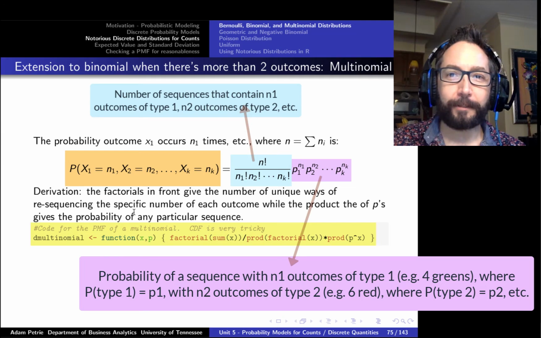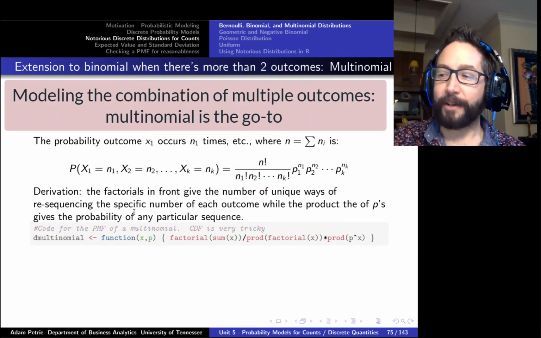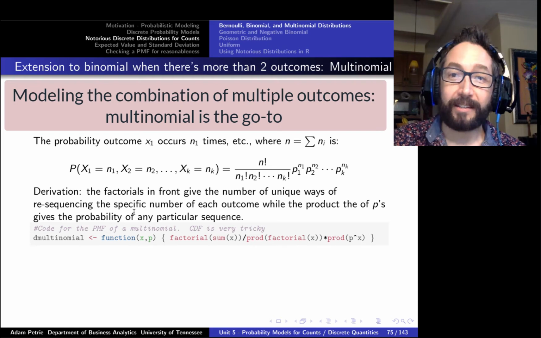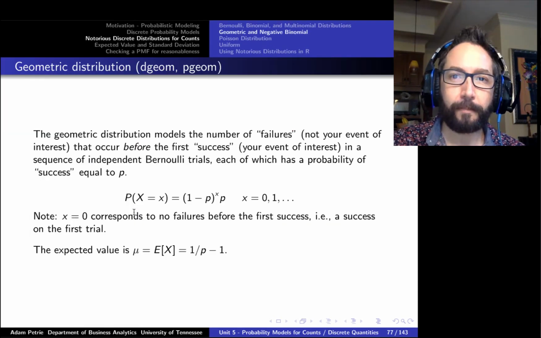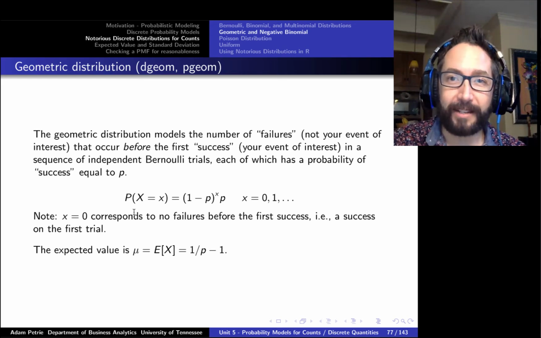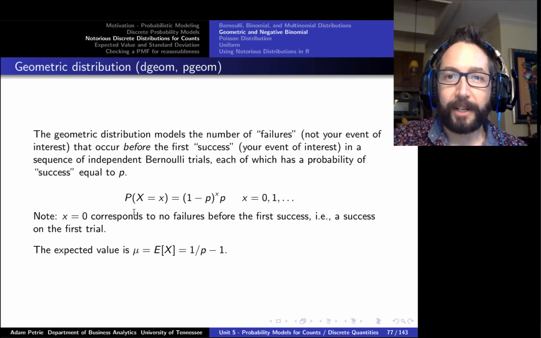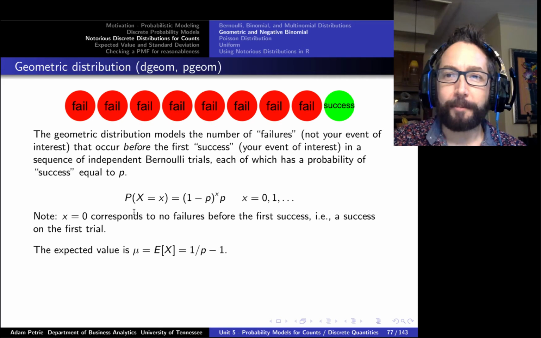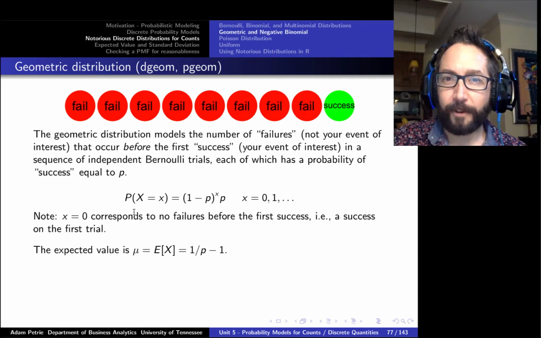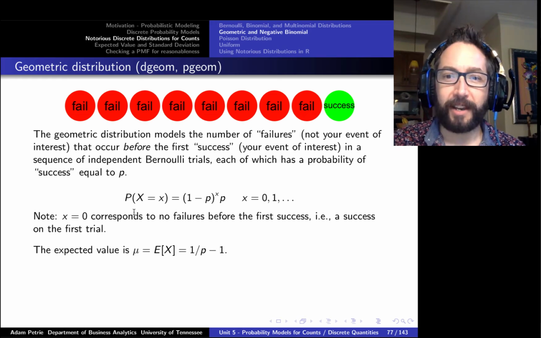So if we're still basically counting up the number of times something happens, but we're counting up multiple outcomes at once, that generalization of the binomial distribution, this multinomial distribution, is going to be our go-to. Now, another notorious distribution also builds off the idea of Bernoulli trials, but in this case, we're counting up the number of Bernoulli trials that result in failure before the first Bernoulli trial that results in a success.